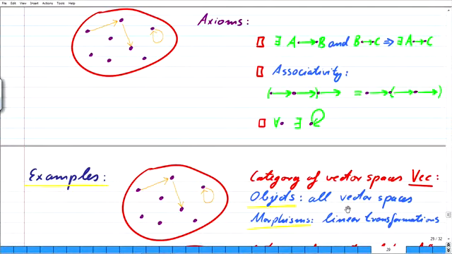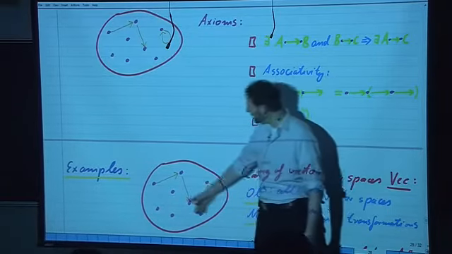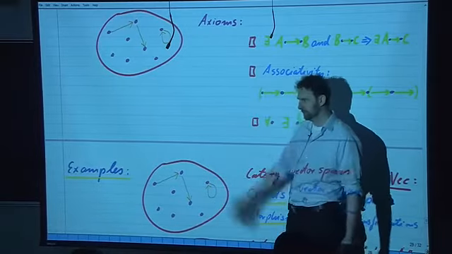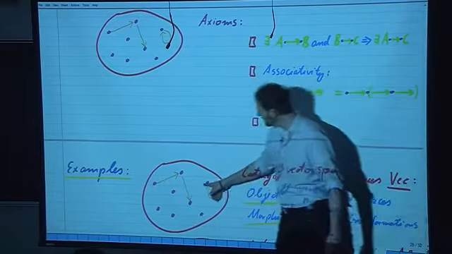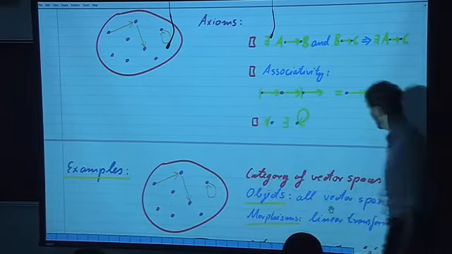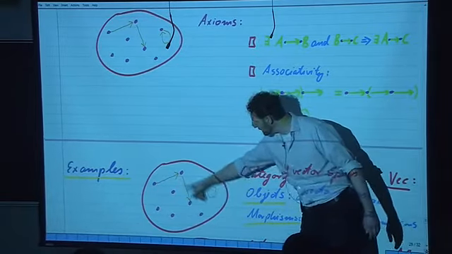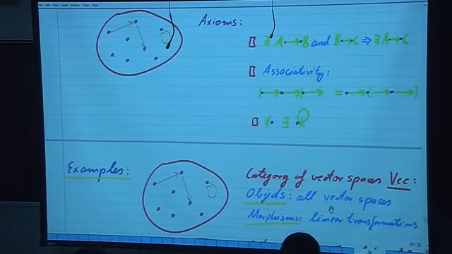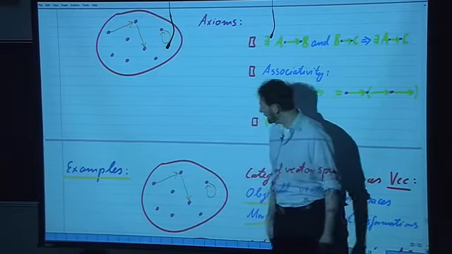Here's an example. The category of vector spaces. Every dot is a vector space. How many vector spaces are there? Well, infinitely many, right? So there are plenty of dots in this. All kinds of vector spaces. This category contains all vector spaces. And what are the arrows in between them? Well, the morphisms, the arrows between the objects, are the linear transformations, the structure-preserving maps between our vector spaces.